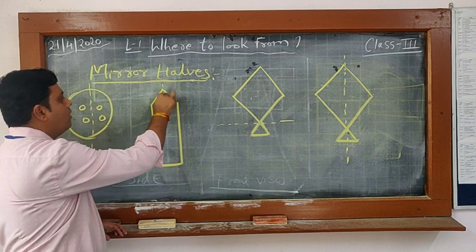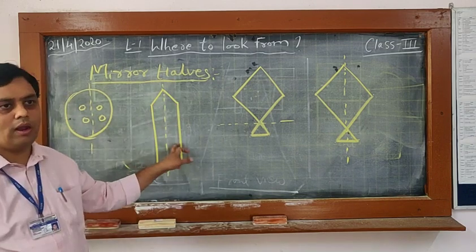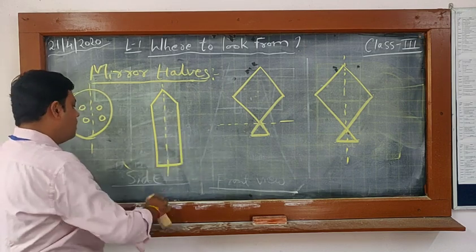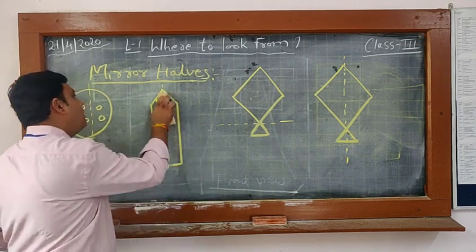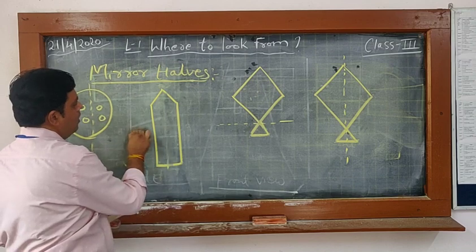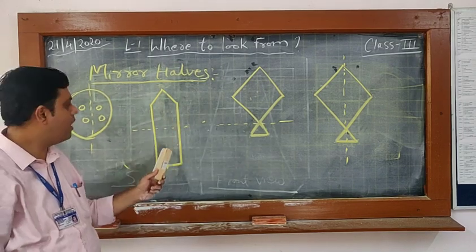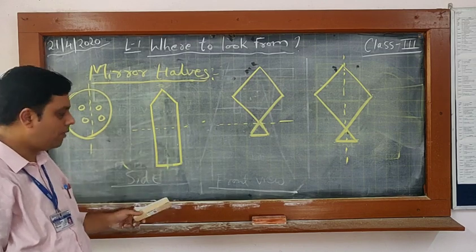I am cutting from this side here. Both parts are equal. Both parts are mirror half. But if I cut from here, if I divide from here, are both parts equal? No. Both parts are not mirror half and not equal.